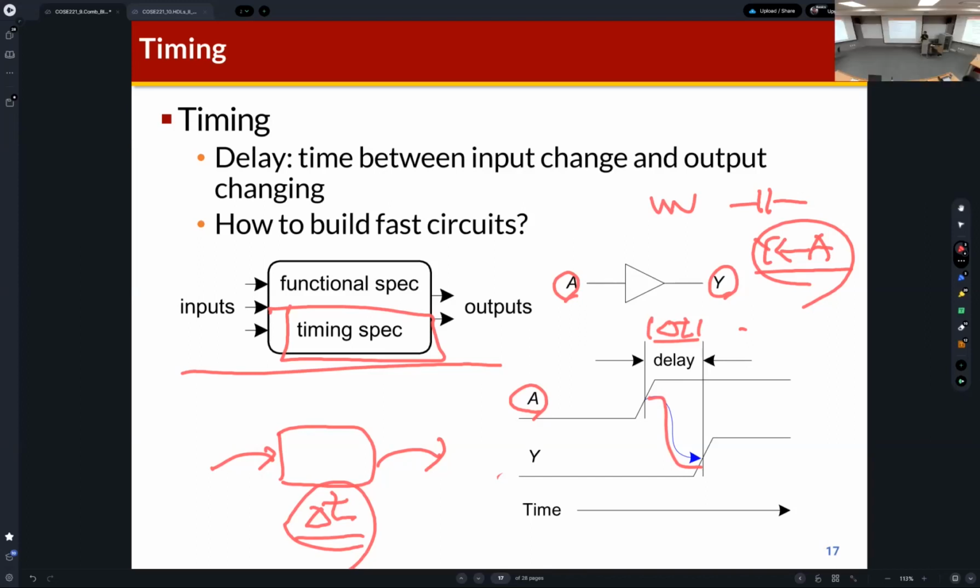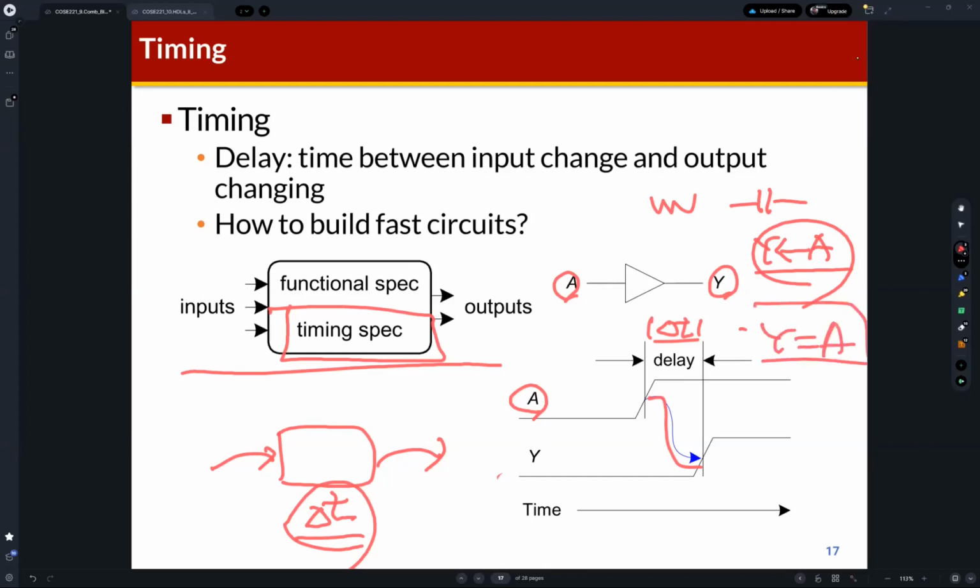That's very important. When we design a buffer, this is the functional specification. And if we see this equation, y equals a, we can think that y is just equivalent to a. That is the software perspective, but it's not true because it's hardware. It means that the value of y changes after some delay if a is changing.